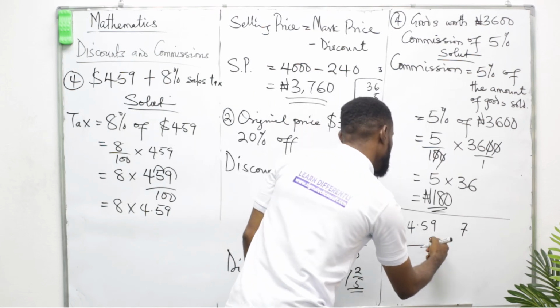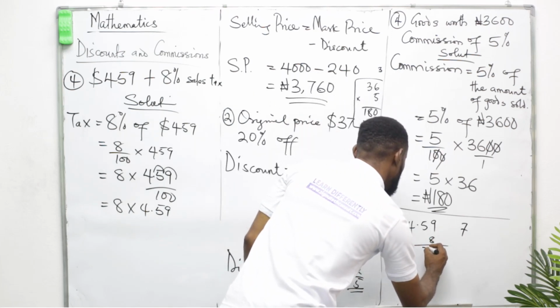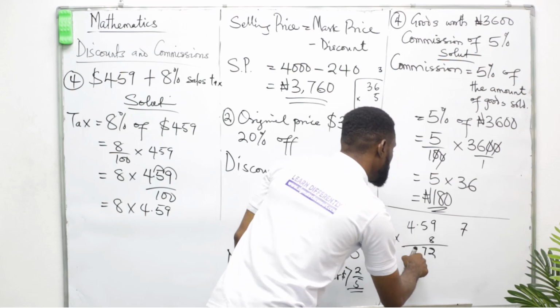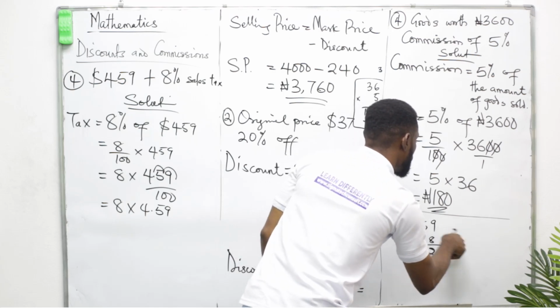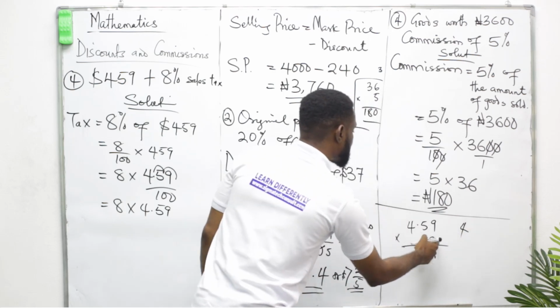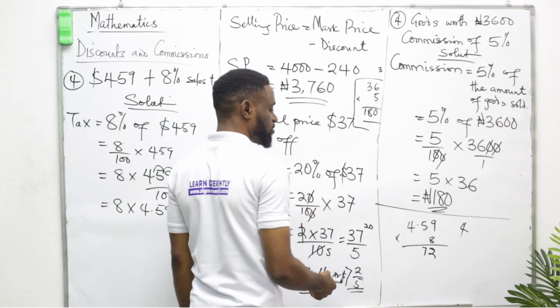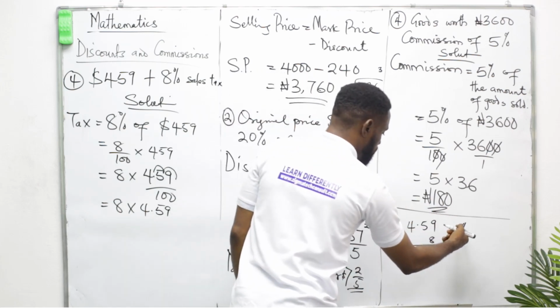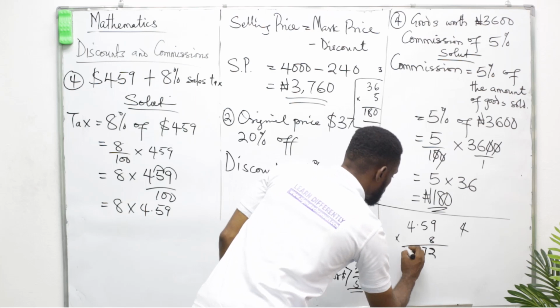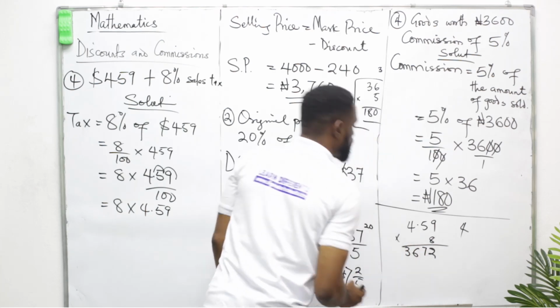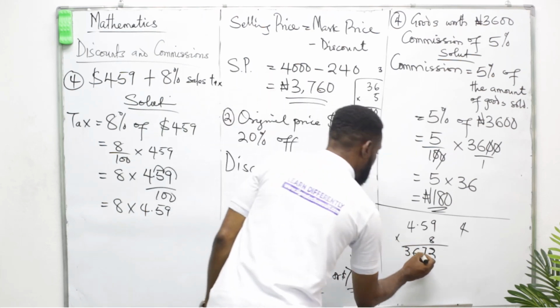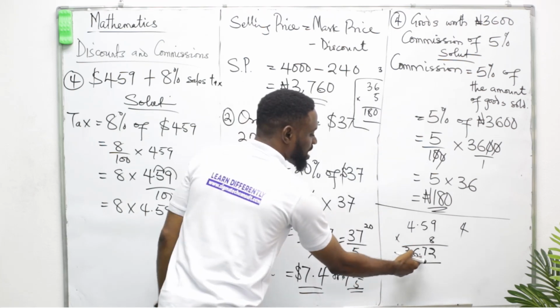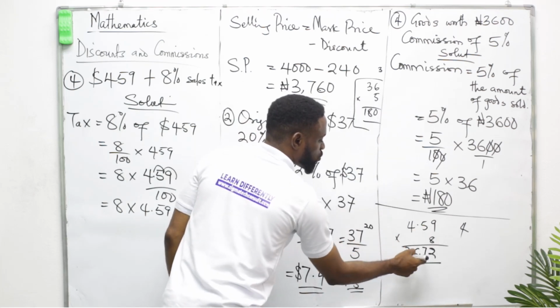So we write 7, remainder 4. 8 times 4 is 32, 32 plus 4 is 36. So we're having 36.72. Because we have 2 decimal places there, we put the point there.